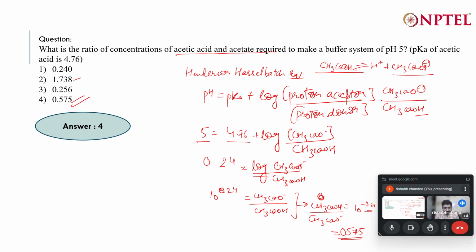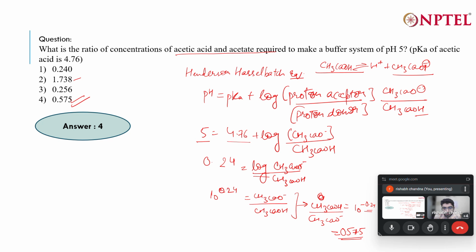Okay, is the explanation clear? Yes. What if pH is less than 4 or 4? Sorry, it is 10 raised to the power 0.24, it's okay.